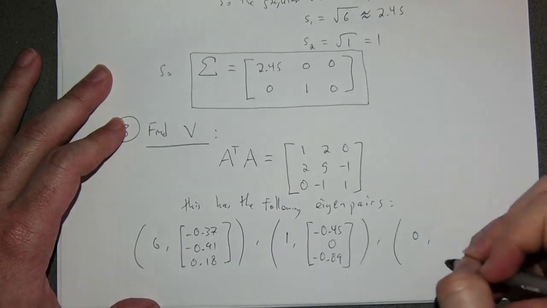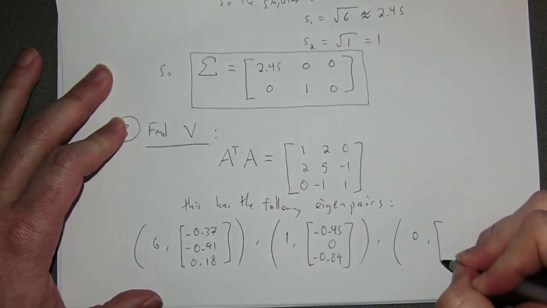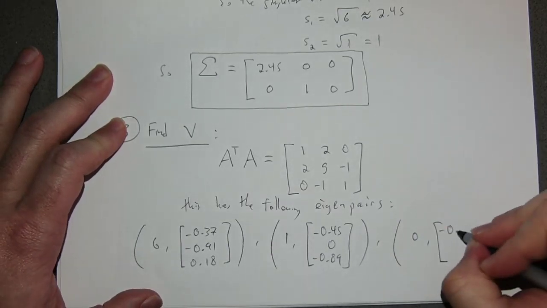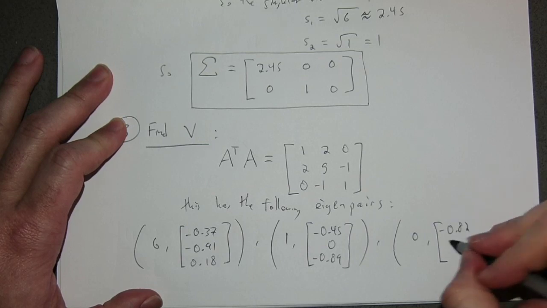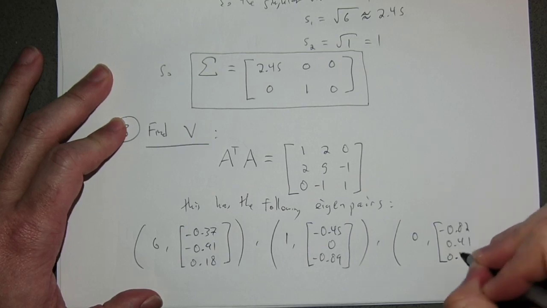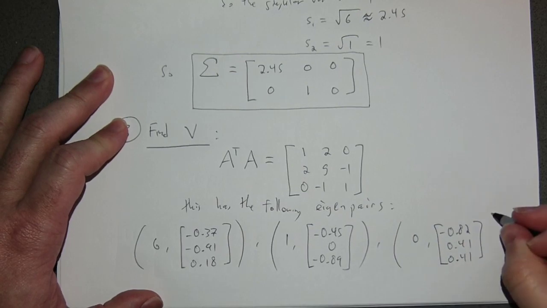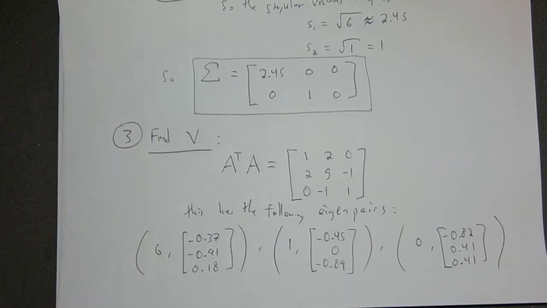That's the eigenvalue 0. The associated eigenvector is minus 0.82, 0.41, 0.41. Okay.